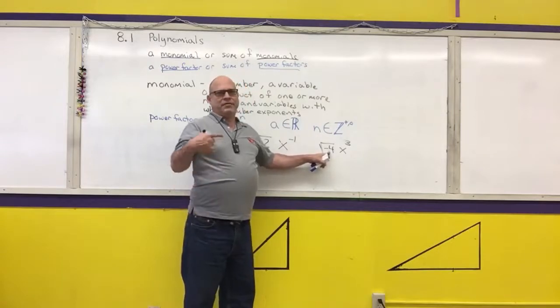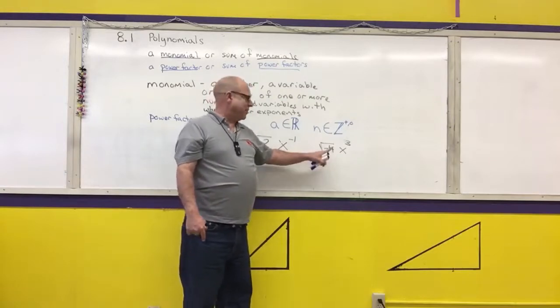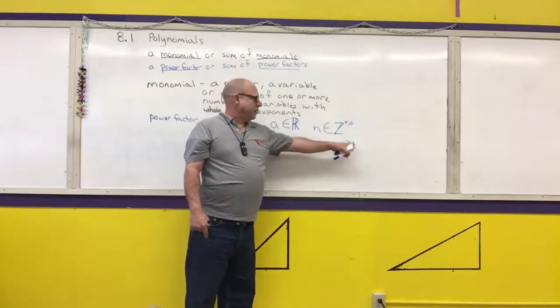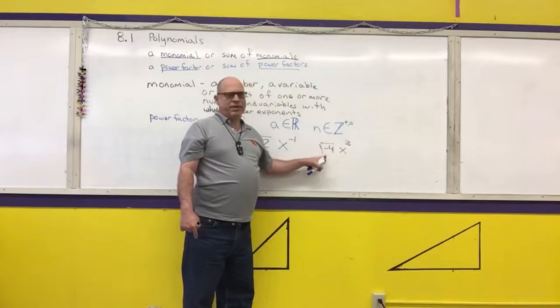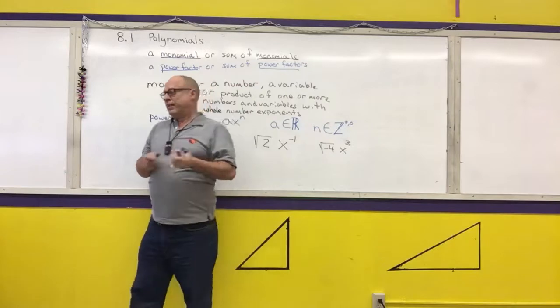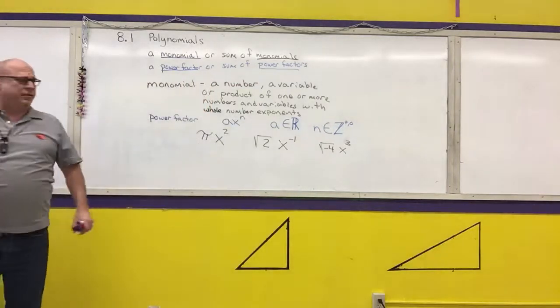Because if I have a negative times a negative, I end up with a positive. And if I have a positive times a positive, I end up with a positive. So this does not make sense in the real number system. Okay, that exponent is a positive integer, so that one would work. The problem here is that the coefficient is an imaginary number. So that's what monomials are, and some examples of monomials.